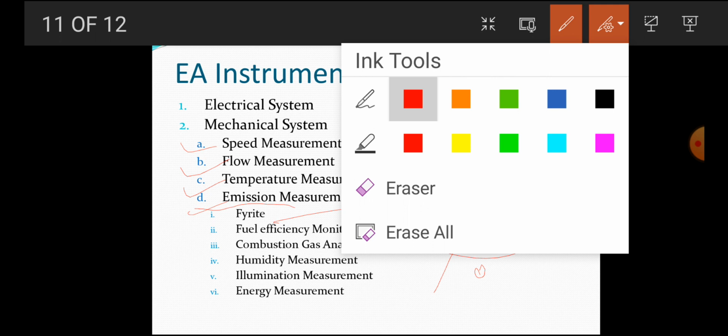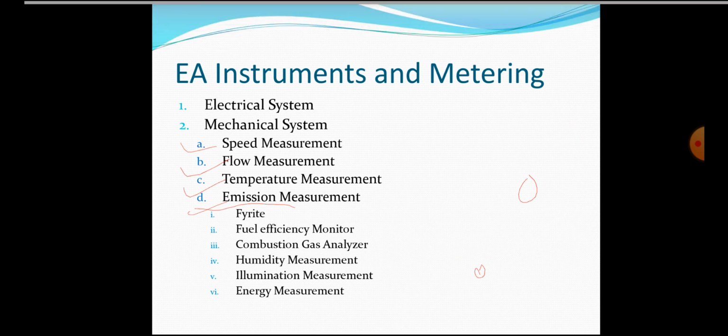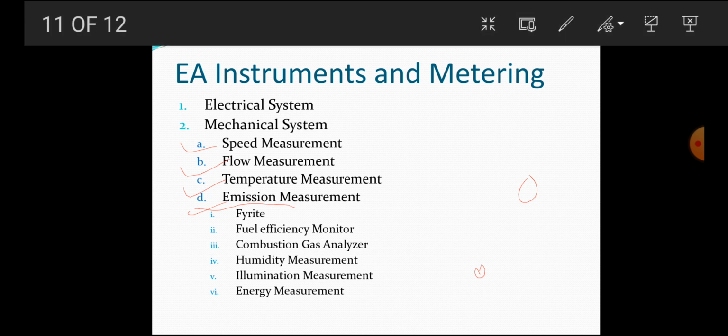In the fuel efficiency monitor, it measures oxygen and temperature of the flue gases.